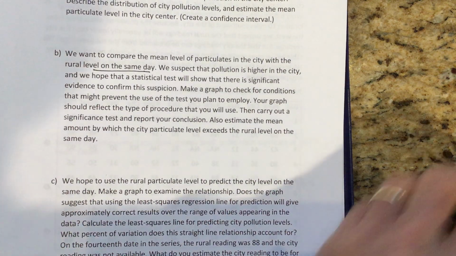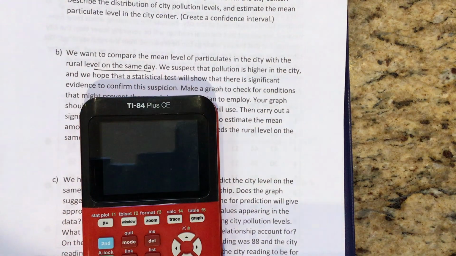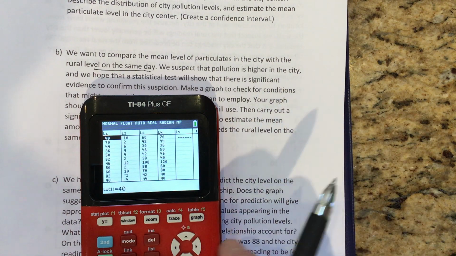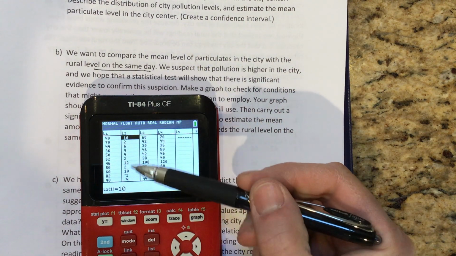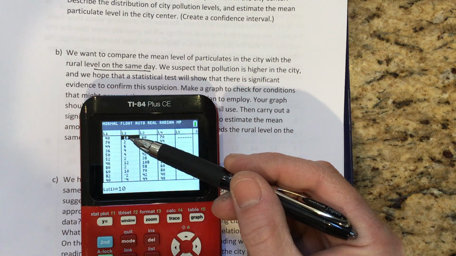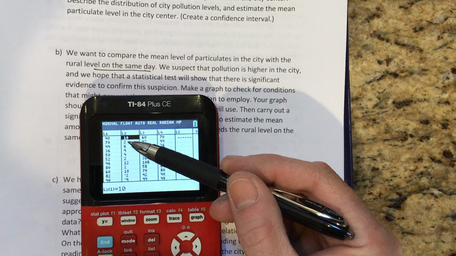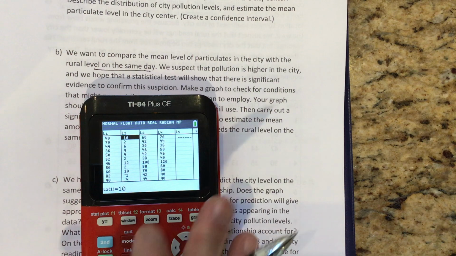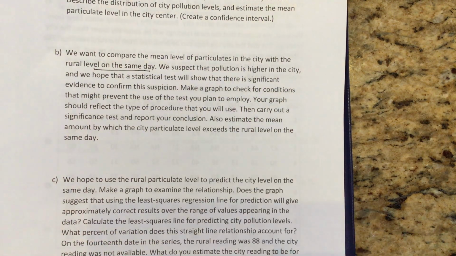Okay, so again, I have that data in my calculator. That's in my list 2. So on the first day where we have readings for both, the city had 10 more units of pollution. On the second day that they both had readings, the city had 2 more units, and so on and so forth. So there's my list 2.